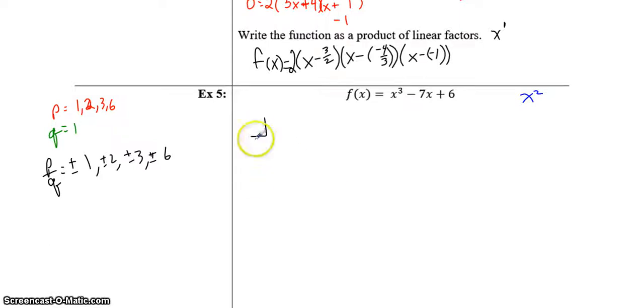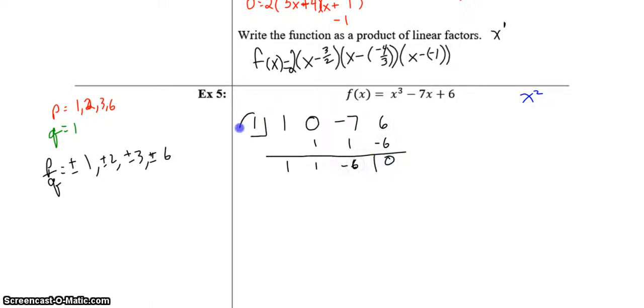So let's try 1 now. X cubed, x squared, x to the first, and no x's. Keep in mind, no x squared up here, we need that 0. Multiply, add, multiply, add, multiply, add.